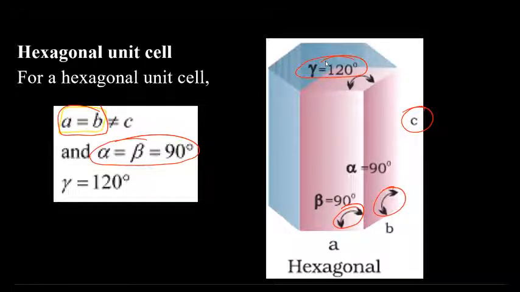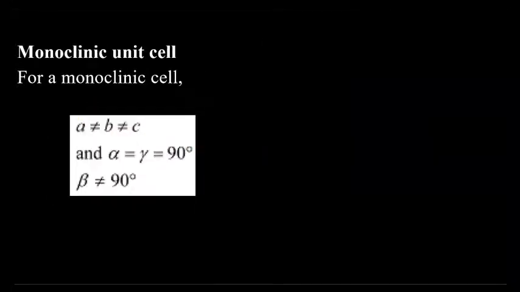Yes, Vanna, that is good, correct. So Deepa, correct. You need to write hexagonal A is equal to B, but not equal to C. Yes, Sudeepa, that is correct. Good. But in monoclinic, compare it with the last one. Remember the last one, triclinic: nothing equal, no angle 90 degrees.